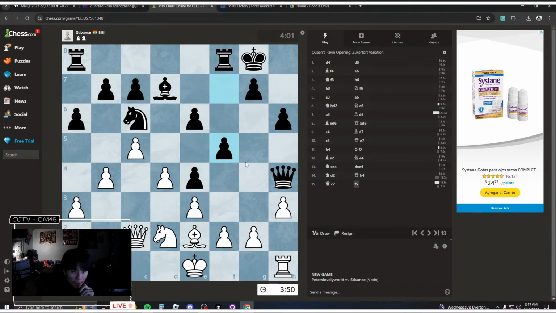Interesting. So now, I think it would be wise for me to just castle this way, because I don't want to castle into this queen here, but I can just hold the castle, right? Do I have to force the castle?